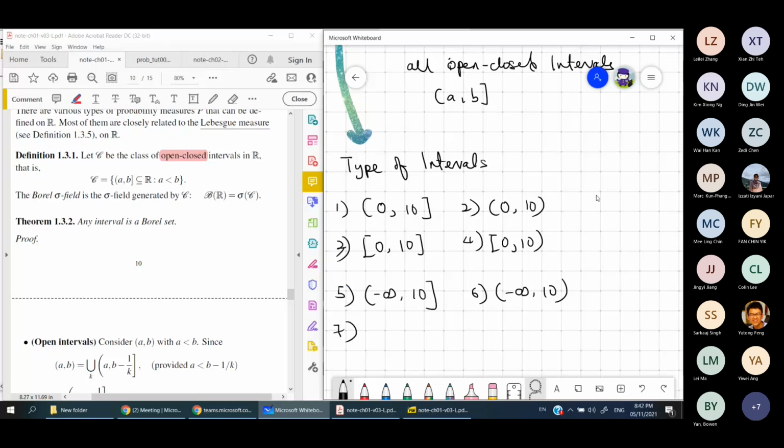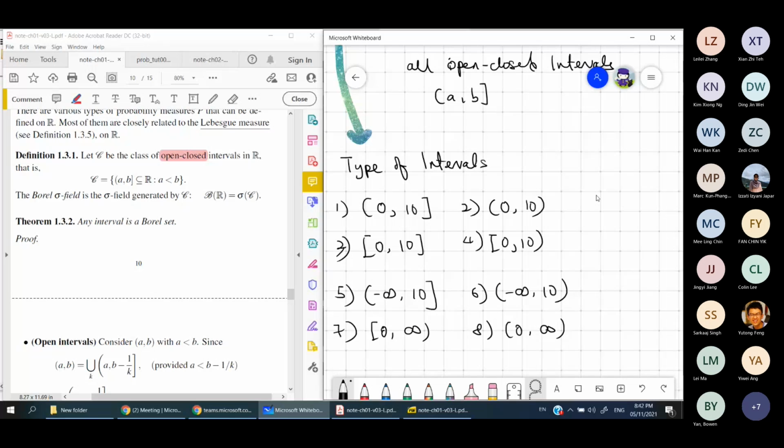Then we also have this type up to infinity, closed, and finally open. So we have altogether 8 types of intervals. These endpoints can be replaced by any other numbers. I just put 0 and 10 to demonstrate the ideas.